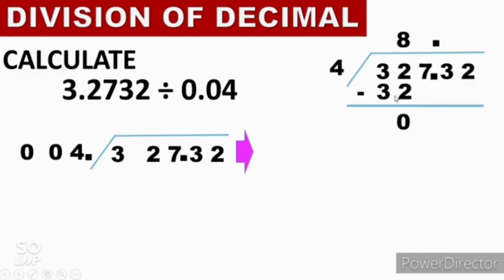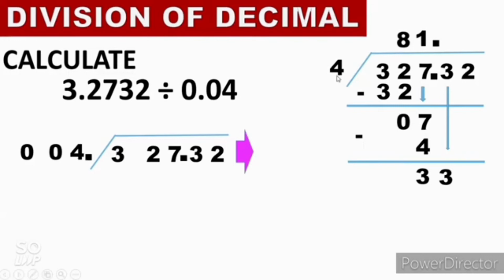And then the next step is to bring down 7. So 7 divided by 4 is 1. 1 times 4 is 4. Next, subtract 7 minus 4. The answer is 3. And then we bring down 3. So now we have 33.